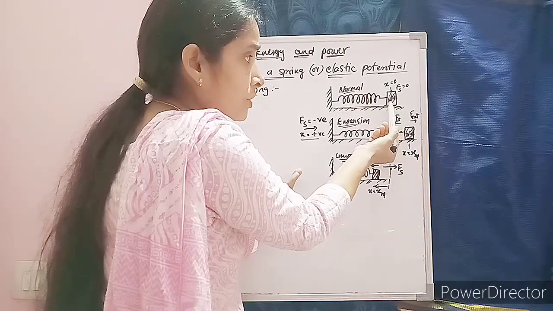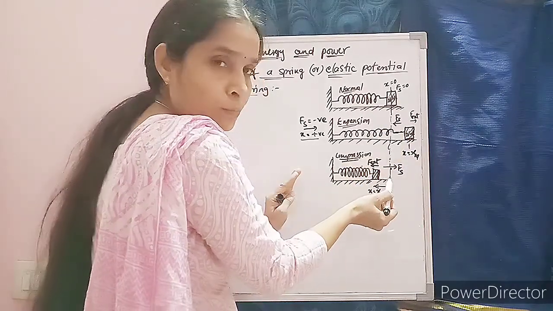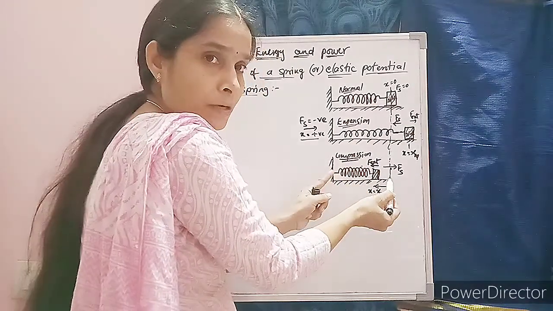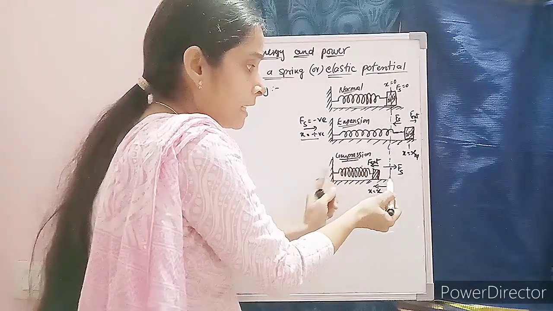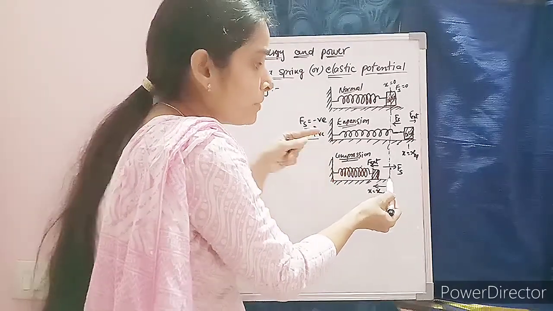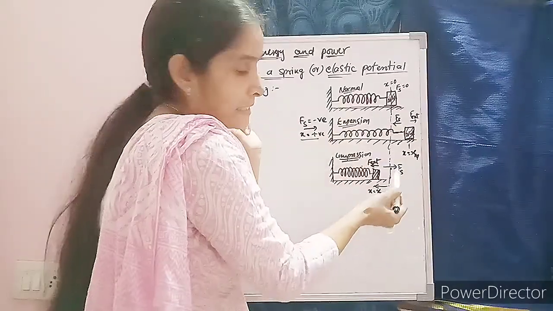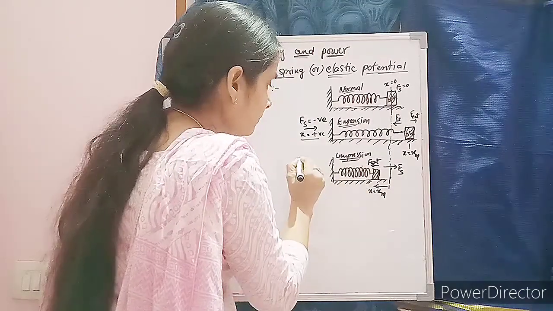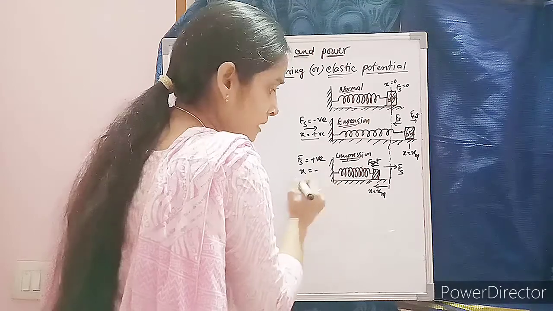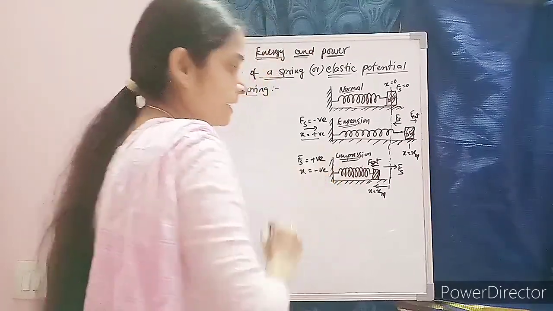Due to the compression it moves in the negative x-axis. In order to regain the initial position, the internal force in the spring should act in the positive x-axis. So in the compression, Fs is positive and the displacement is in the negative direction.